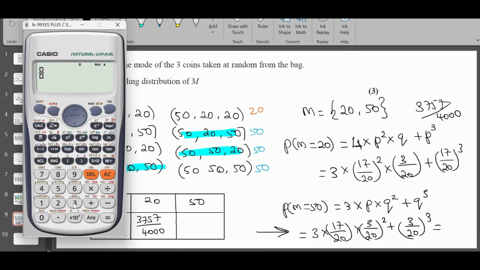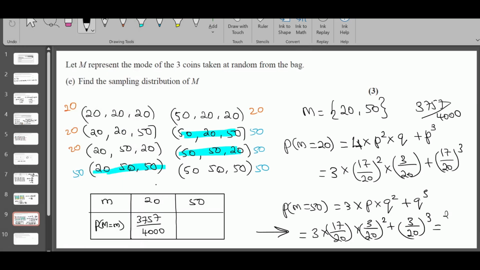So it's 3 times 17 times 3 squared over 20 cubed plus 3 over 20 whole cubed, which is 243 over 4000. So definitely when you add both probabilities, you will get 4000 over 4000. That's 1. That means it's correct.